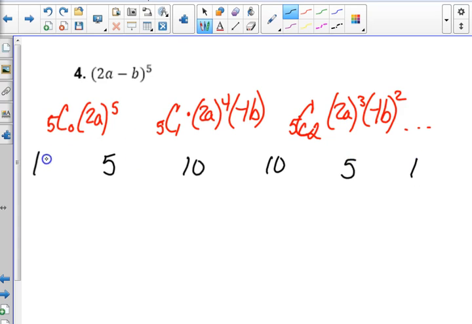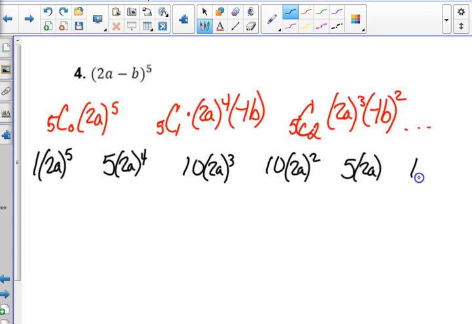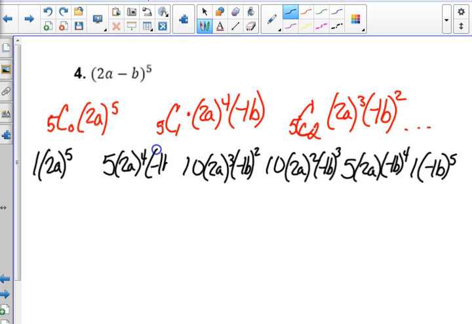All right. Now the first term gets a 2a this time 5 times, and then a 2a 4 times, and a 2a 3 times, a 2a twice, a 2a, and no 2a's. A negative 1b 5 times, a negative 1b 4 times, a negative 1b 3 times, a negative 1b 2 times, a negative 1b, and we're done.